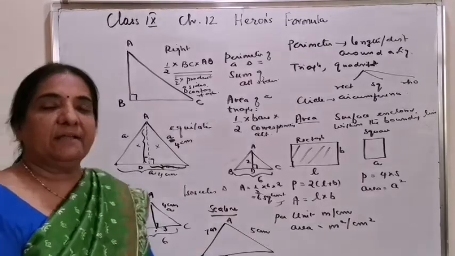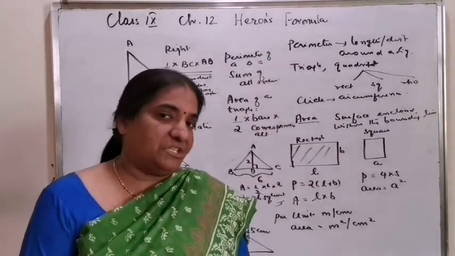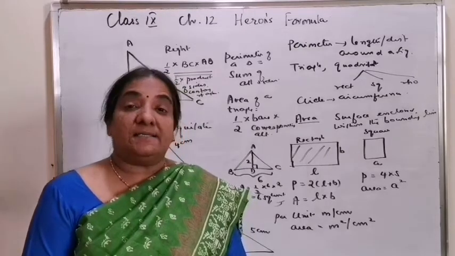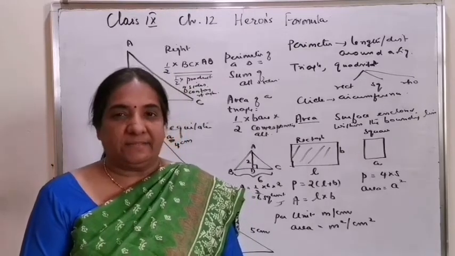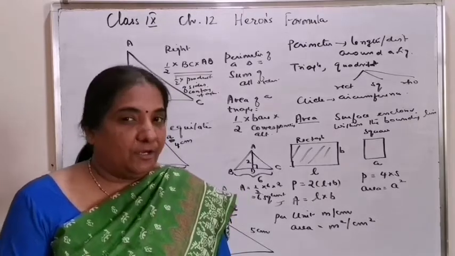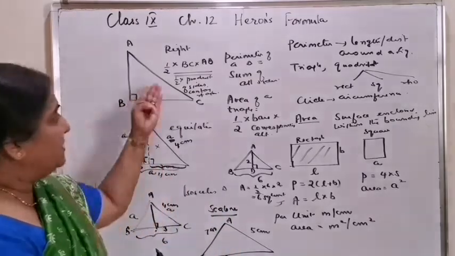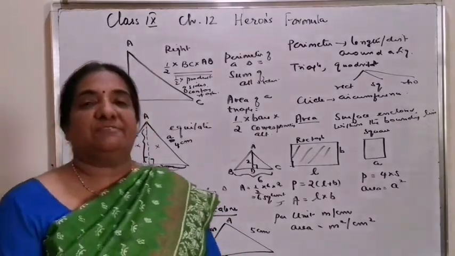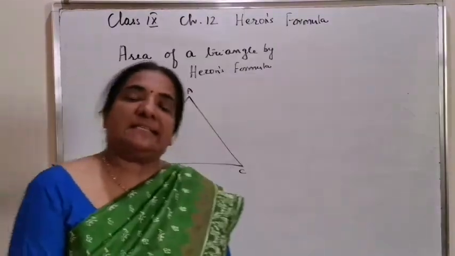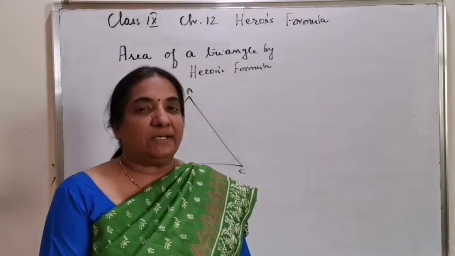Such a triangle in which all three sides are of different measure is called a scalene triangle, and for a scalene triangle, you cannot find the length of the altitude by any of the methods we have suggested here. Let's have a look at the area of a triangle by Heron's formula.